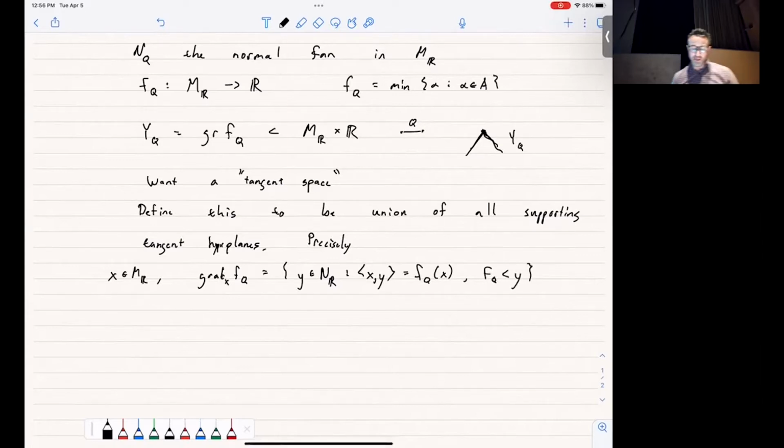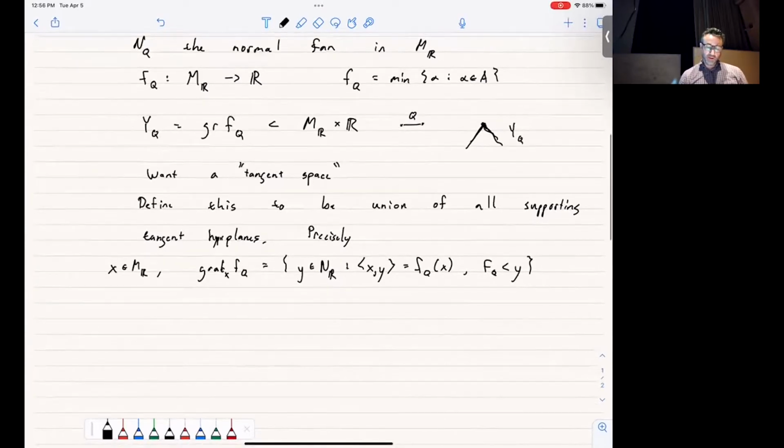So fq is less than y as a function. This is in fact a face of the original polytope q, but okay. And then you can define this tangent space. Well, this is the precise definition of this tangent space. It's going to be all of these points where I take a point and any tangent vector, and then I evaluate it with respect to any of the gradients.